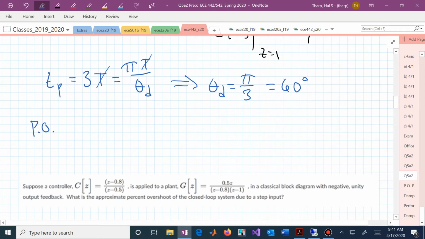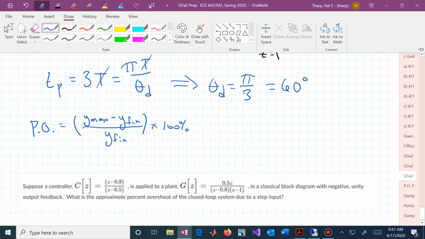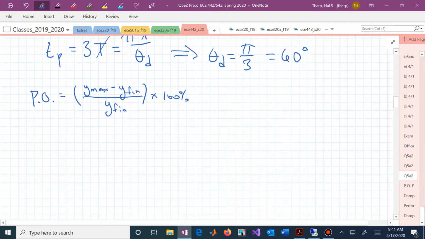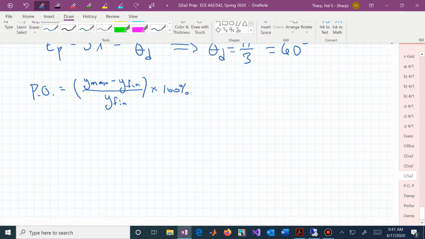Our percent overshoot then is y max minus y final over y final times 100%. And I know I'm going to run out of room, so I apologize if you're trying to take notes.